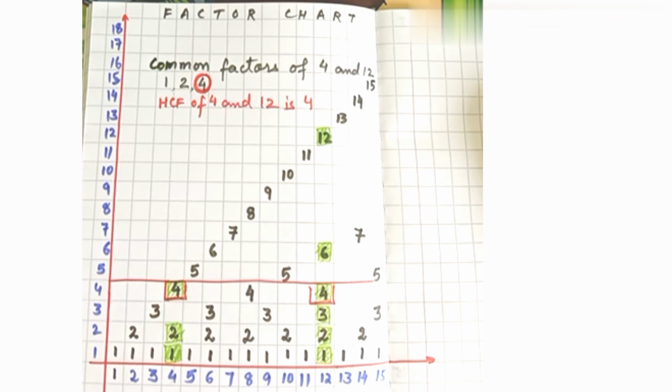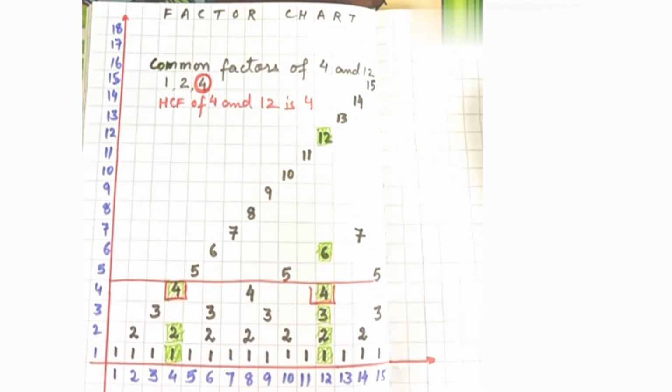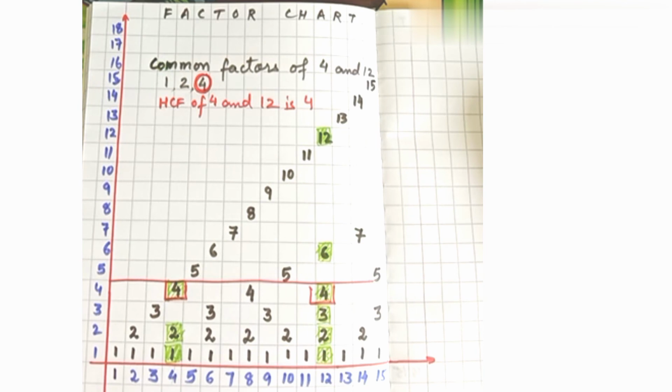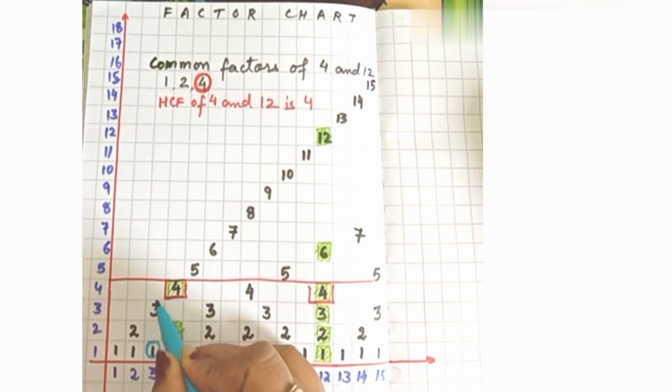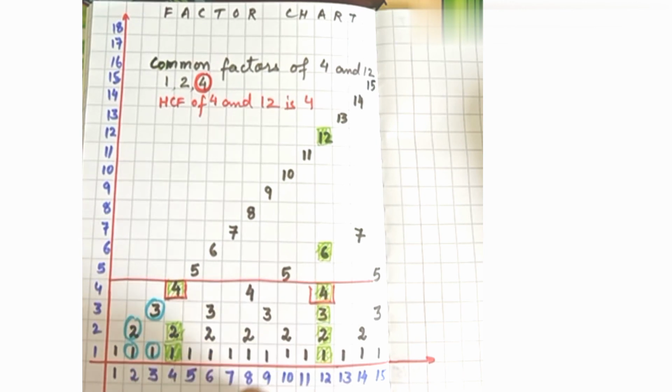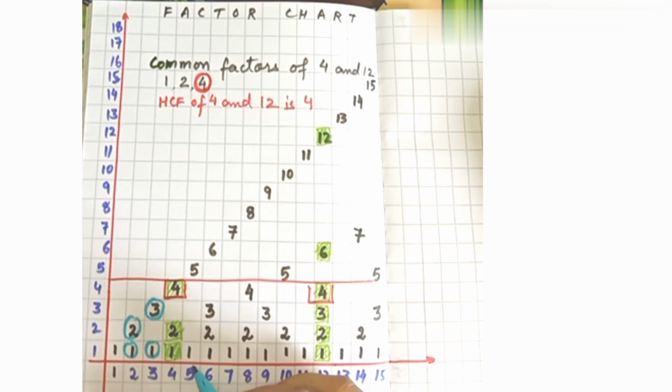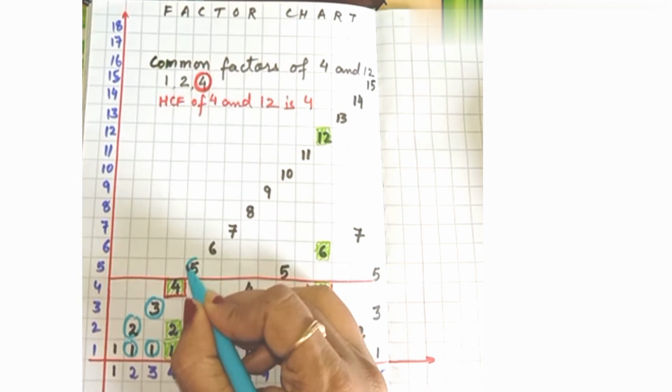Here, looking at the number of factors of a given number, we can also identify the prime numbers. Prime numbers are those numbers which have exactly 2 factors. And the numbers which are not prime numbers are called composite numbers, meaning they have more than 2 factors.